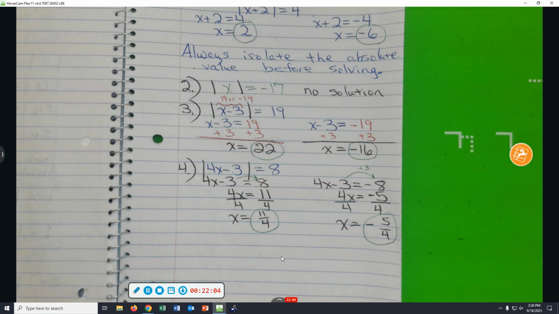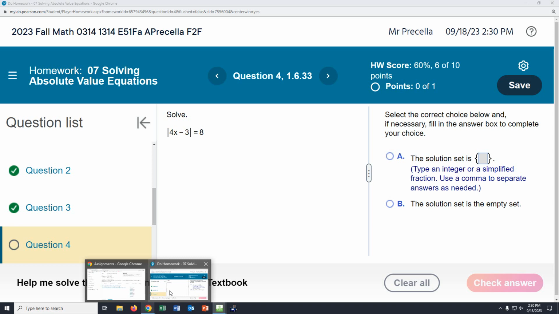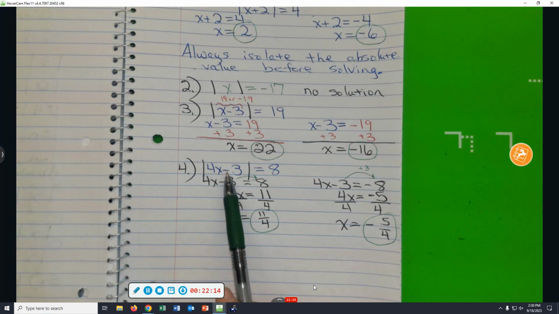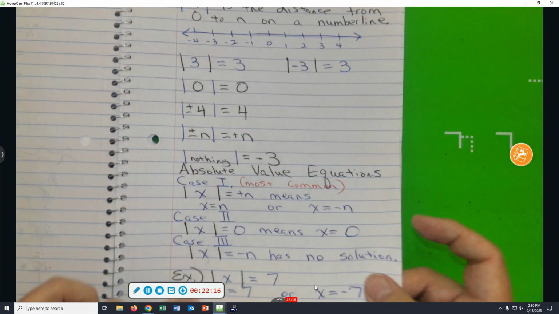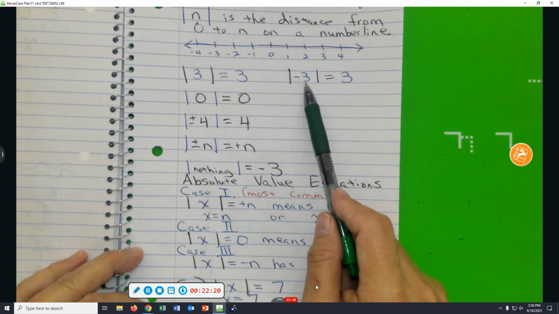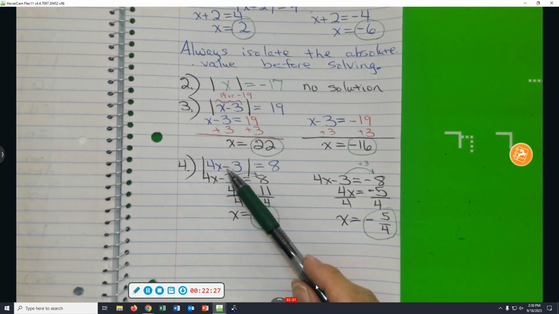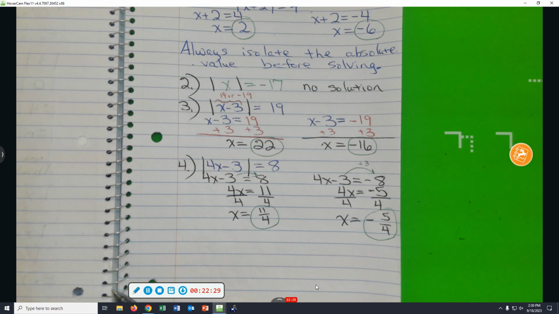And invariably half the class would choose them. But those signs inside the absolute value, the only way that sign changes is if it's just a number by itself, like the absolute value of negative 3 changing to a positive 3. But operations like minus do not change to plus.